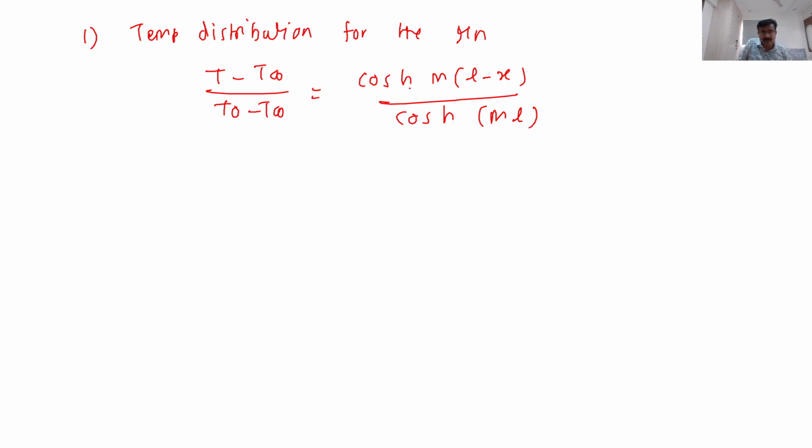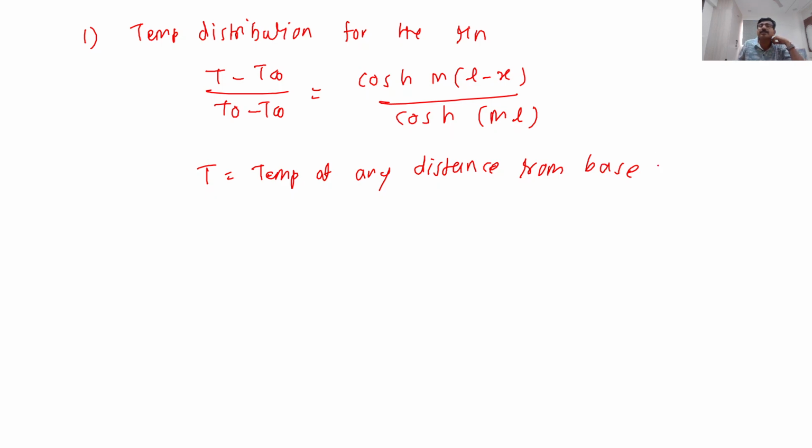Remember, this h is for hyperbolic. It is not convective heat transfer coefficient. Now, we need to understand in this formula what is the meaning of each parameter, because we need to solve the numericals from this. So what is T? Just now we have seen, the temperature at any distance from base.